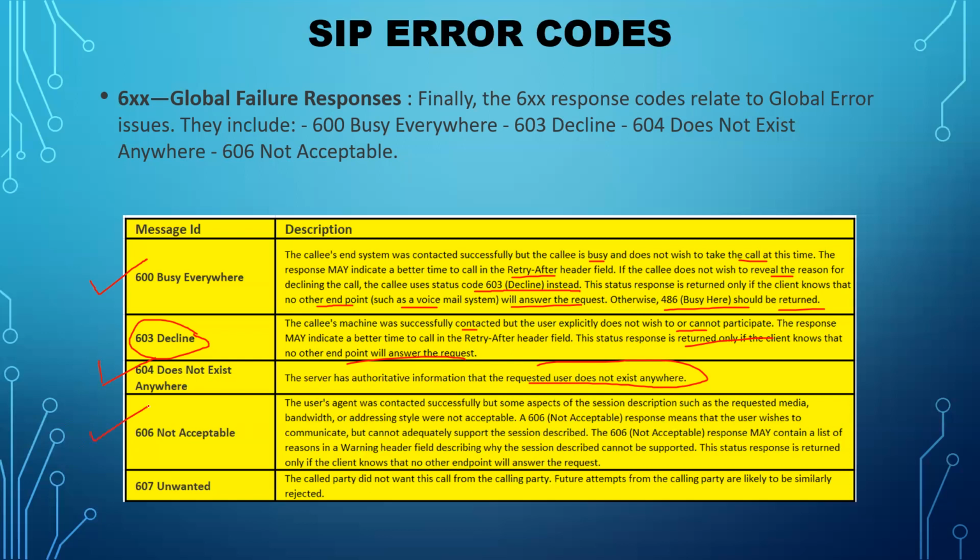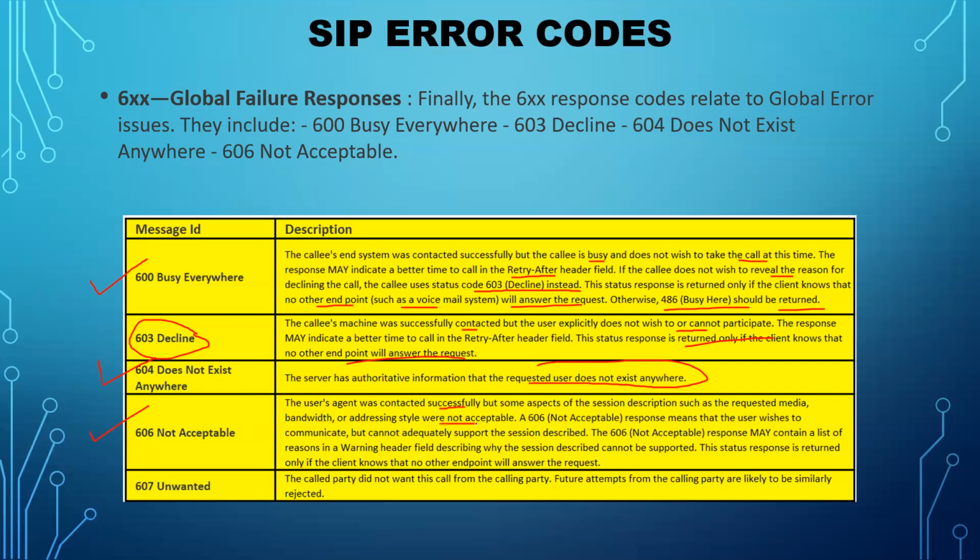606 not acceptable. That means the user agent was contacted successfully, but some aspects of the SDP, such as requested media, bandwidth or addressing style, were not acceptable.